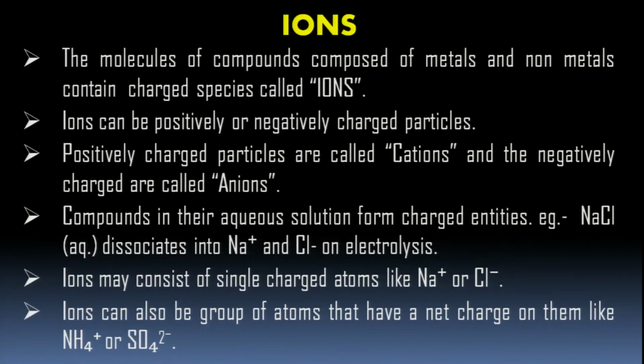The molecules of the compounds composed of metals and non-metals contain charged species called ions. These are the charged particles. Ions can be positively or negatively charged particles. That you know. Now, positively charged particles are called cations and negatively charged particles are known as anions.